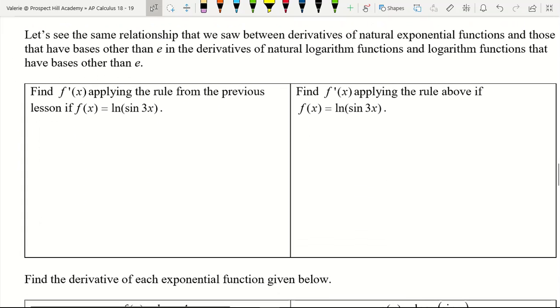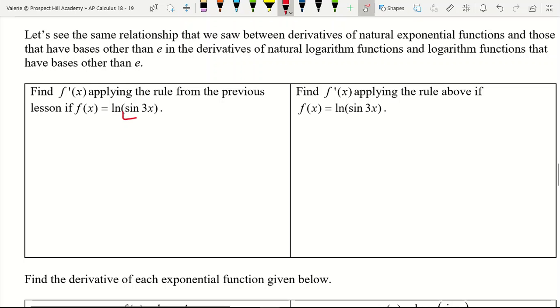Okay, so let's see the same relationship that we saw between the derivatives of natural exponential functions and those that have bases other than e, and the derivatives of natural logarithmic functions and the logarithmic functions that have bases other than e. So in the previous lesson, we found the derivative of the natural log function pretty simply as taking the derivative of the inner function and dividing it by the inner function.